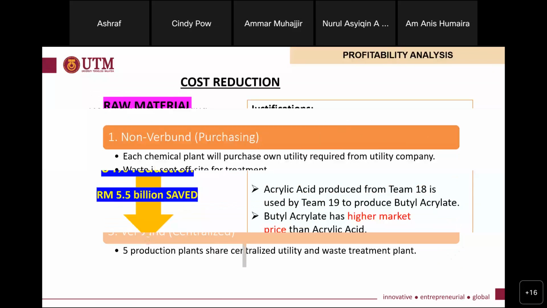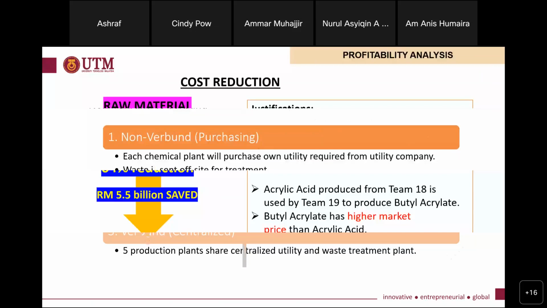This is because the CO2 produced from Team 18 is used by Team 17 to produce ethylene glycol. We supply the CO2 to make ethylene glycol because ethylene glycol has a higher market price than ethylene, and because we want to maximize profit.